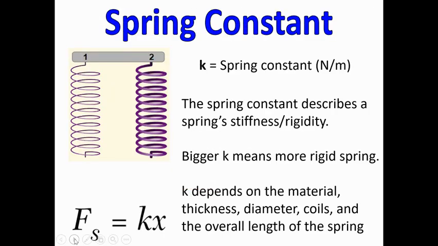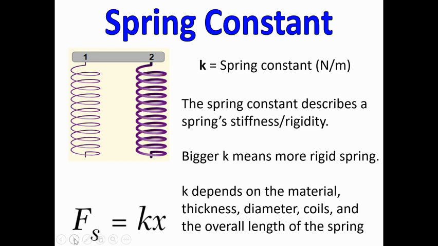So in Hooke's law, it might be easier to imagine force and distance, but spring constant is probably a variable you have not seen before. Spring constant is represented with a lowercase k. As we said before, it's measured in newtons per meter. But what does that really mean?